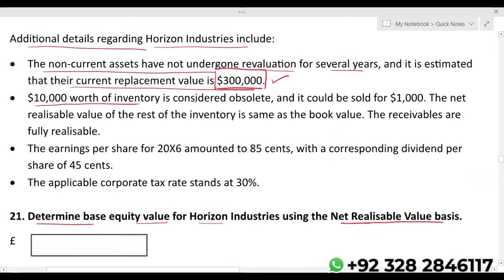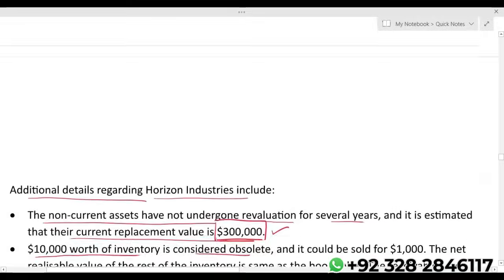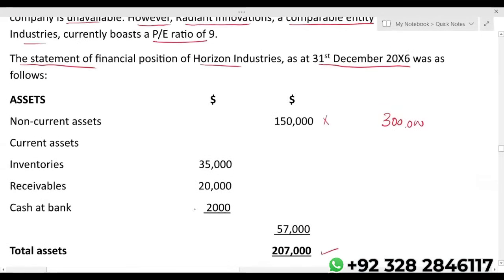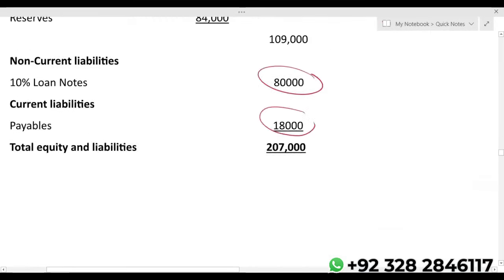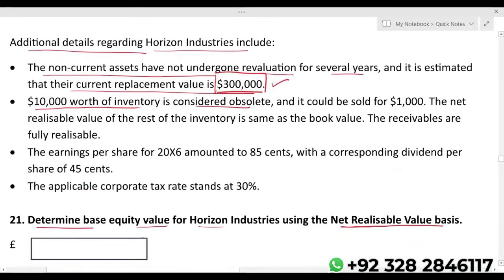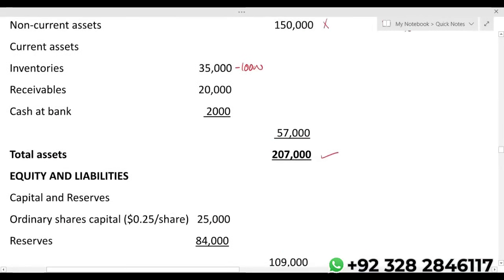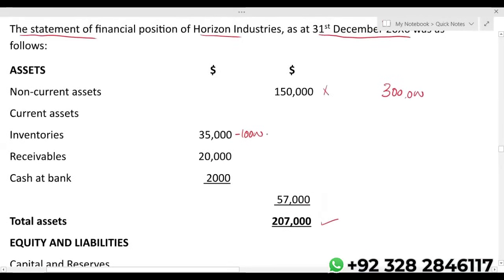10,000 worth of inventory is considered obsolete. Right now, the inventory value is 35, minus 10. Why minus 10? Because it is considered obsolete. It could be sold for 1,000. So I will deduct 10 and add 1,000.